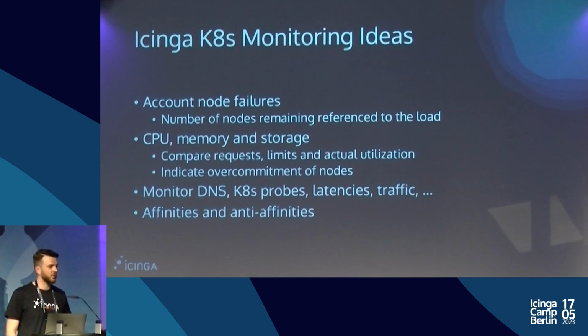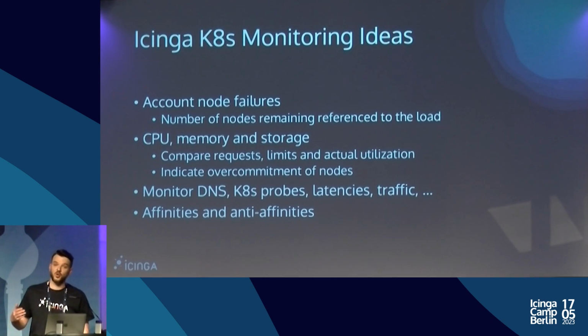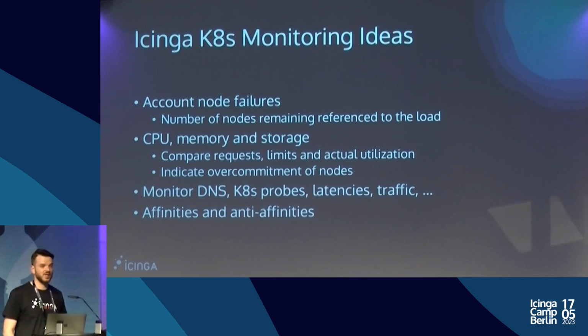We could also monitor the Kubernetes probes, so how often they fail, for example. One cool thing we could do is monitor latencies. For example, how long does it take to schedule new pods, and if this takes longer than in the last 2 weeks, then there may be a problem. You can monitor traffic, and also, like I said, the affinity and anti-affinity stuff. And there's lots more.